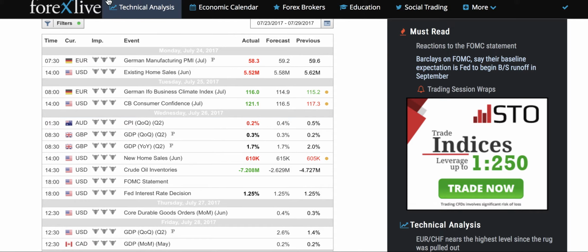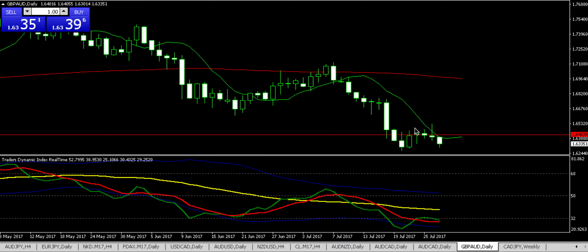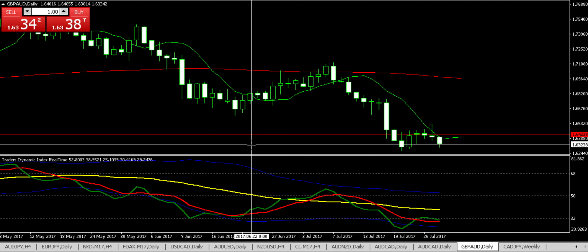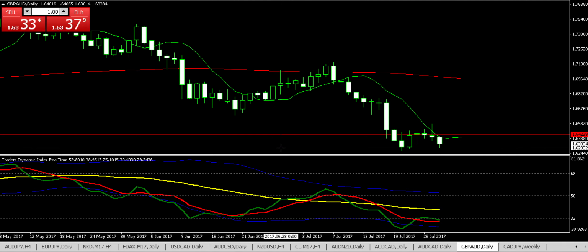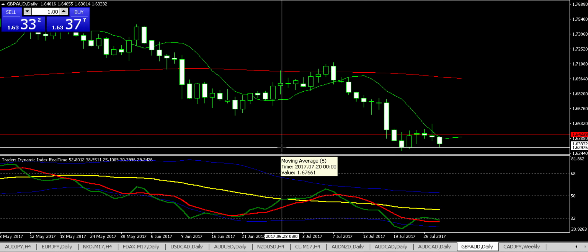Can't see it on this calendar, but there's a meeting from the Royal Bank of Australia coming up on Monday, and there's one on Friday of next week. So I'm going to be looking very carefully at these recent support levels down here. I'm getting a little bit nervous on this trade because of the potential weakening of the Aussie dollar. So I'll be watching that.